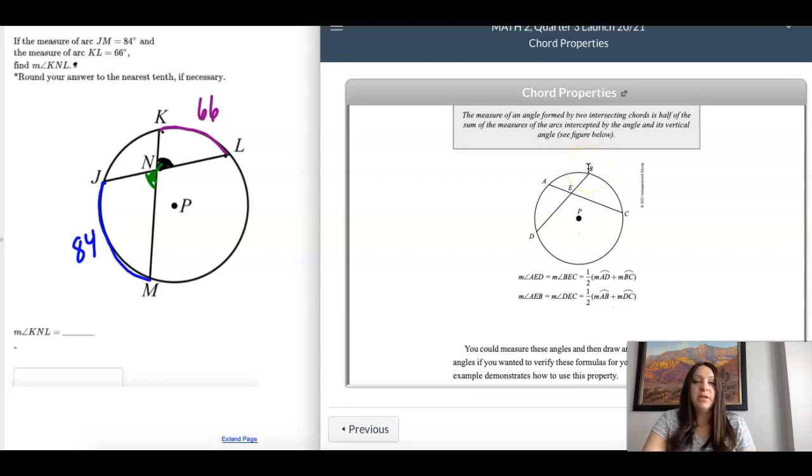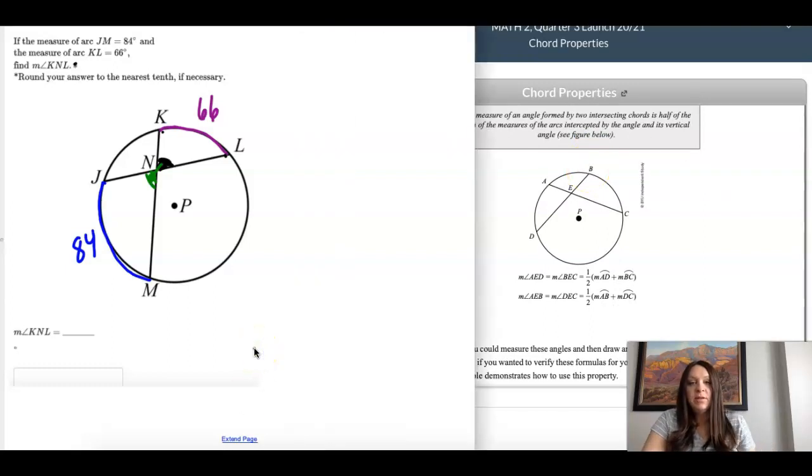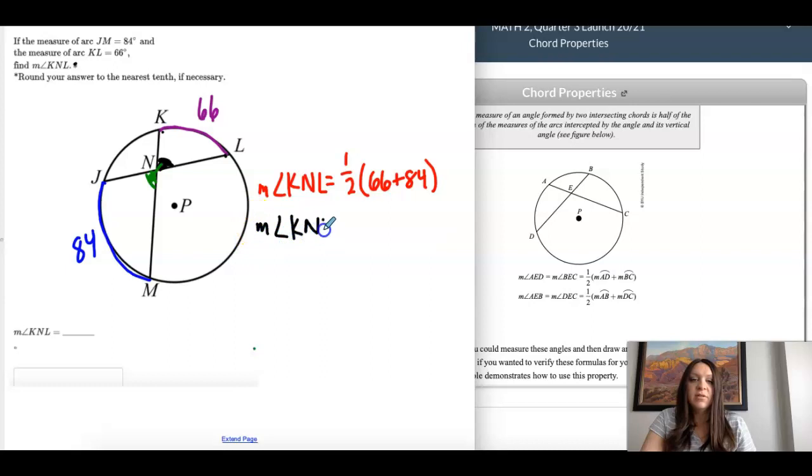So what we do here is we would take the measure of the angle. So let's do measure of angle KNL equals, and I'm just copying this part. It's half of the arc lengths. So it'd be 66 plus 84. So the measure of our angle is half.